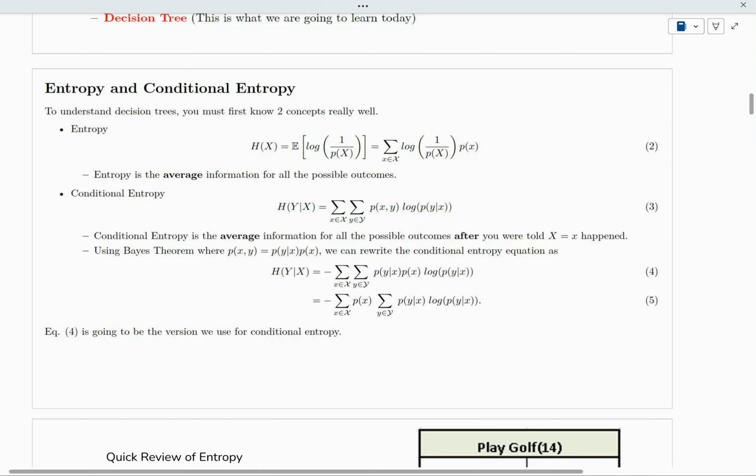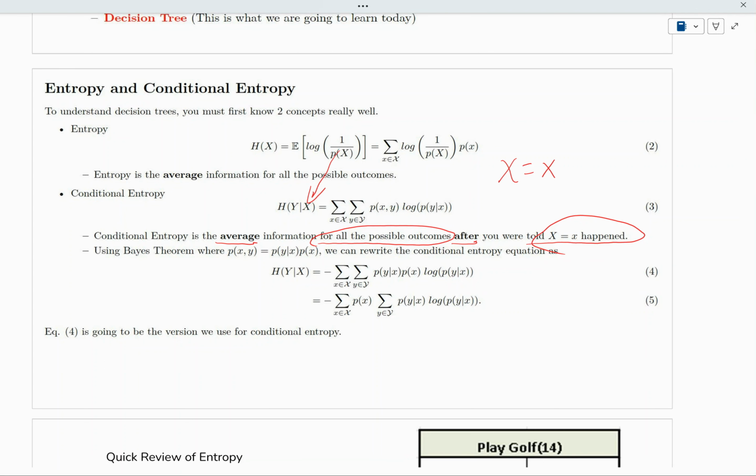Conditional entropy is the average information for all the possible outcomes after you were told something happened. After you were told that X equals some event did happen, you're going to have the residual amount of information.